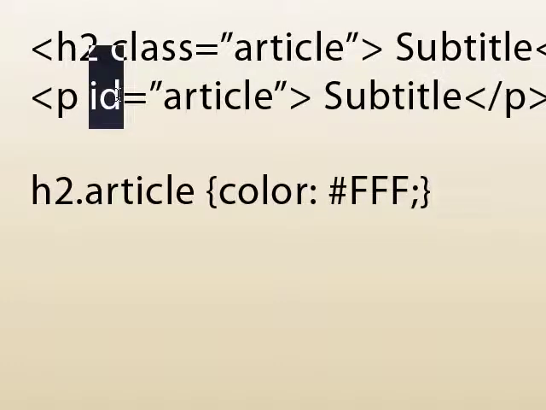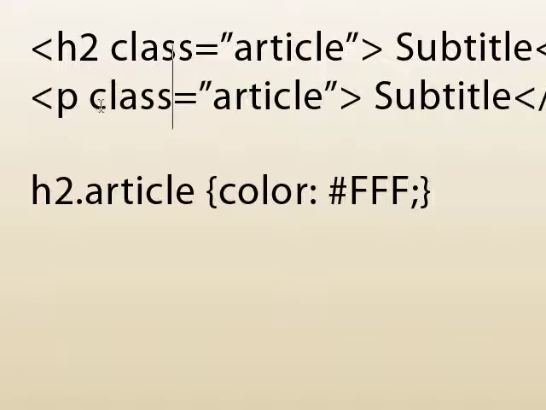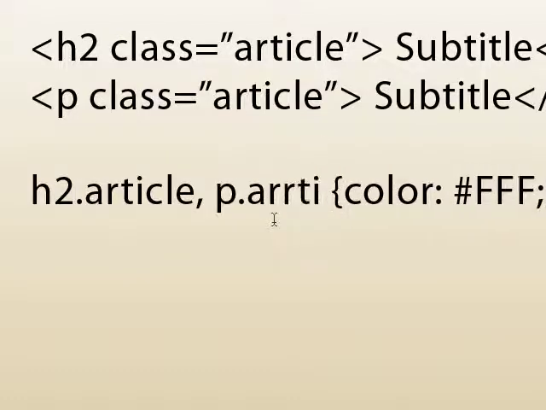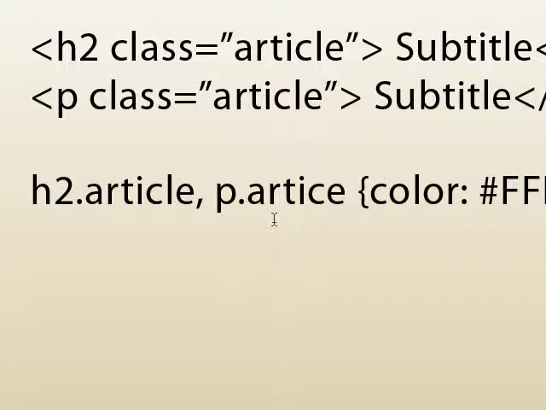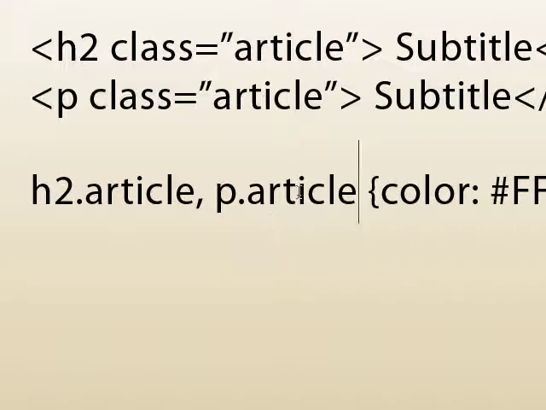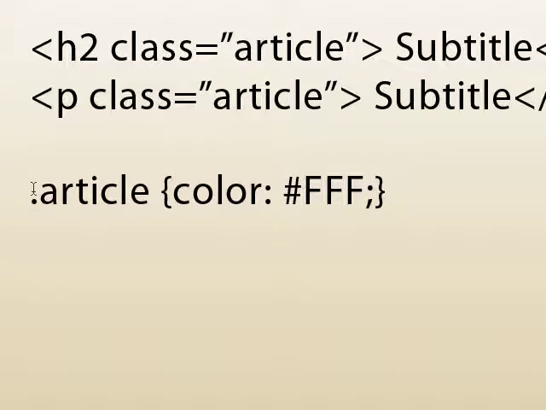I have headings that are classed article and paragraphs that are classed article. And if I want them all to be the same color, then instead of saying h2.article, comma p.article, I could just say dot article. Then anything with this class would be given this color.